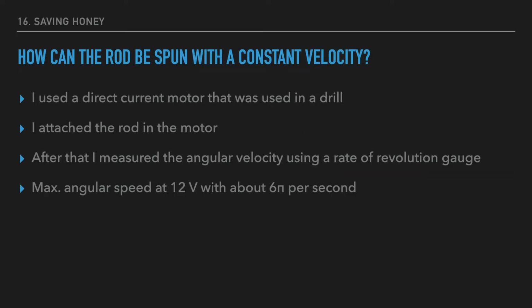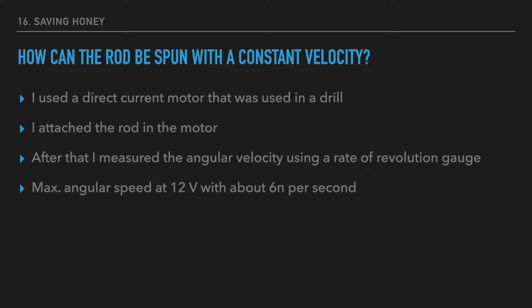How can the rod be spun with a constant velocity? Well, I used a direct current motor that was formerly used in a drill. I attached the rod in front of the motor, and after that I measured the angular velocity using the rate of revolution gauge that you could see in the first picture of my experimental setup.